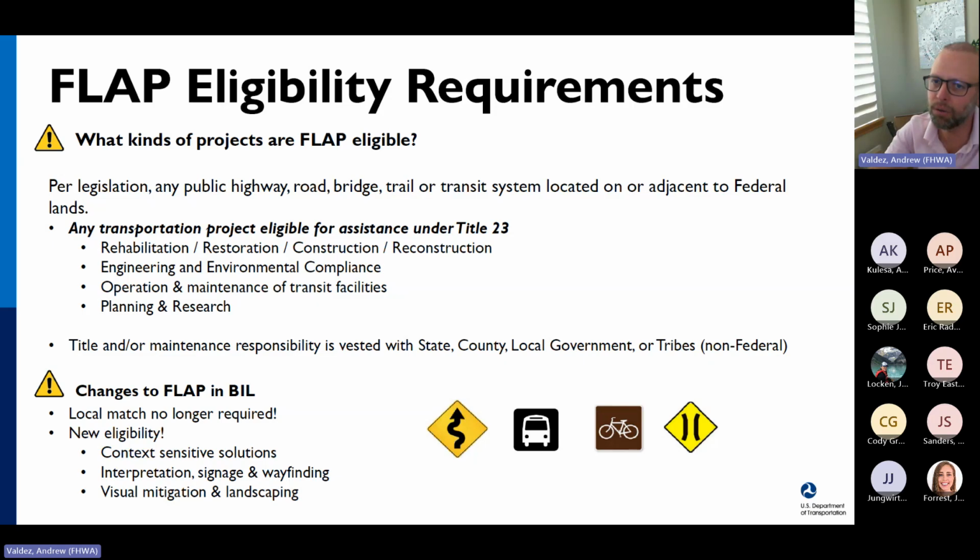All right, now we're going to talk eligibility. So per legislation, any public highway, road, bridge, trail, or transit system located on or adjacent to federal lands.